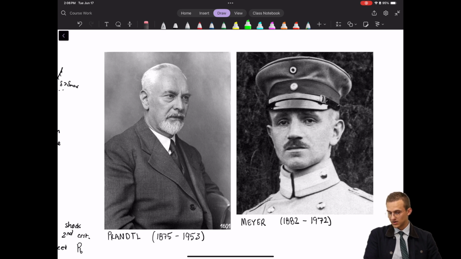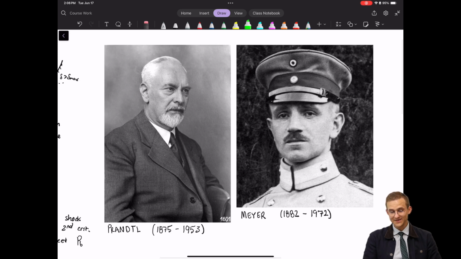Now Meyer, we actually didn't learn too much about him until recently. He was one of Prandtl's students, and he published his thesis on oblique shocks and these expansion waves that we're right about to discuss now in 1908. And his PhD thesis probably is the most impactful PhD thesis in fluid mechanics that was ever published.